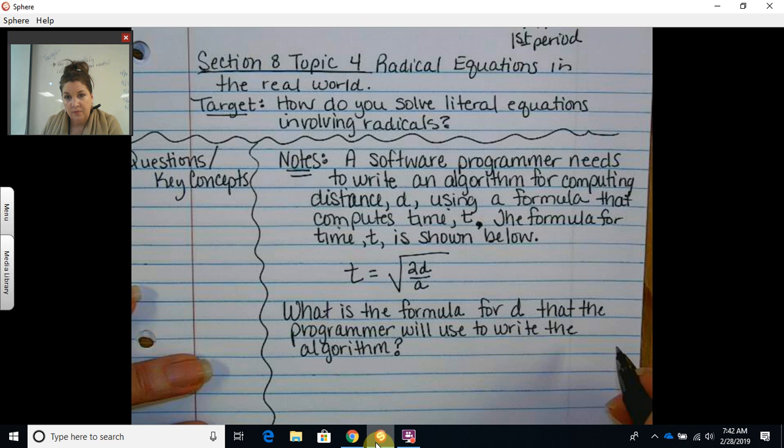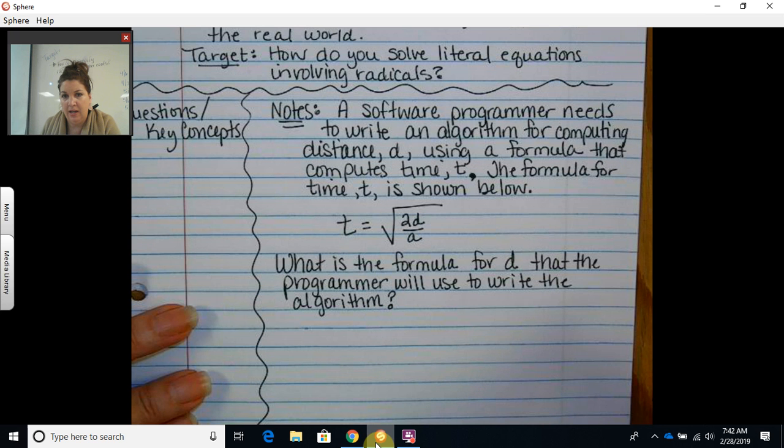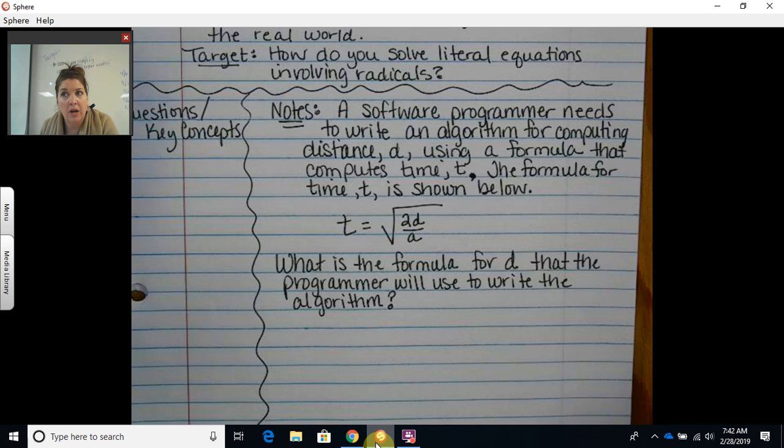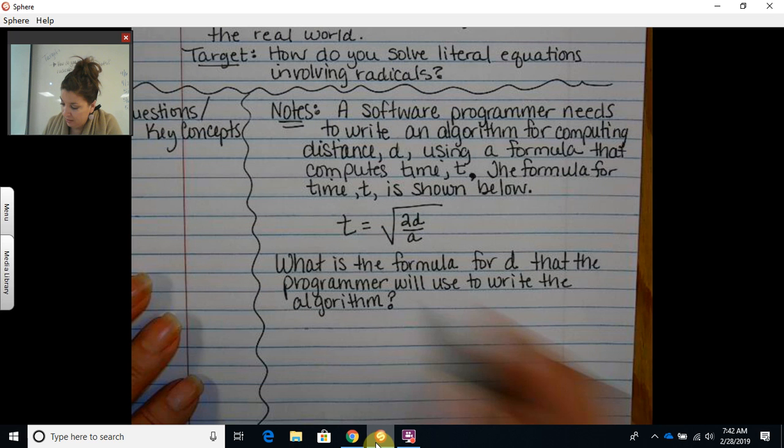So currently they've given us the formula for time that the software programmer uses to write the algorithm. They want us to write the formula for D, which is distance. So we have to solve for what? D. So I'm just going to rewrite my formula the way it was given.